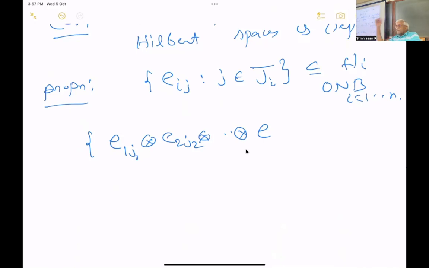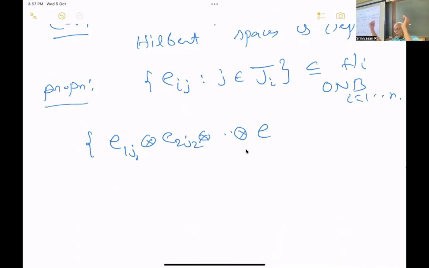You always have to be careful with tensor products. If you just make the products, that is just a set. That's not even a vector space. If you have Hilbert spaces, consider two Hilbert spaces at a time, H1 tensor H2.